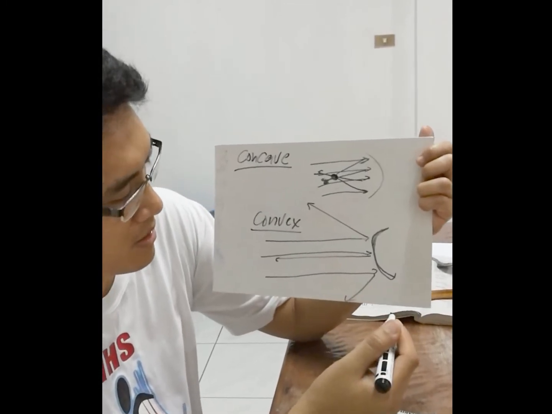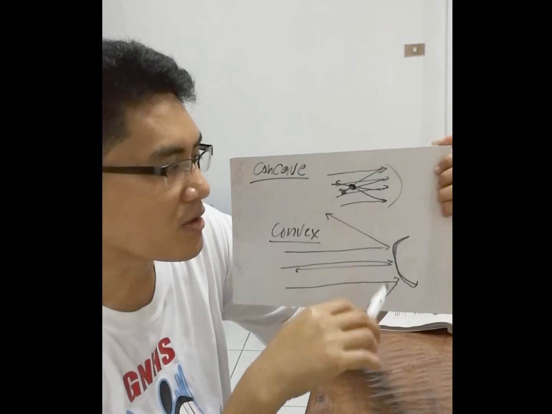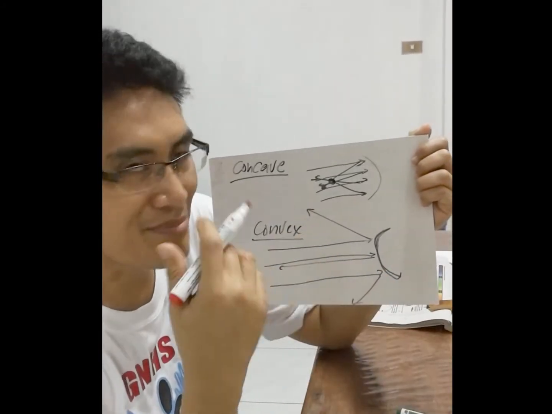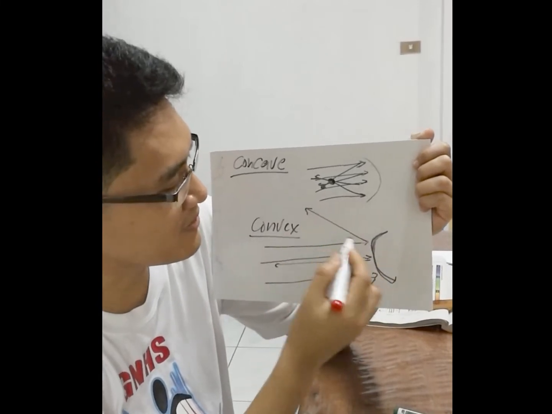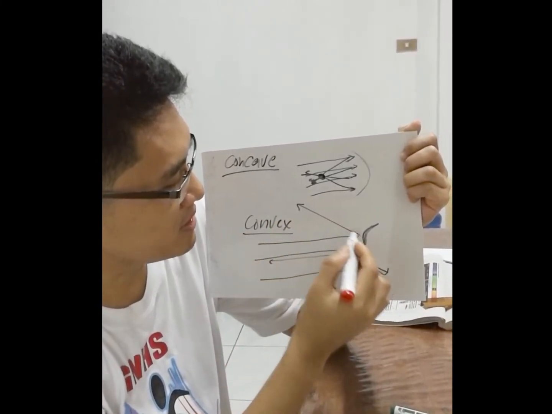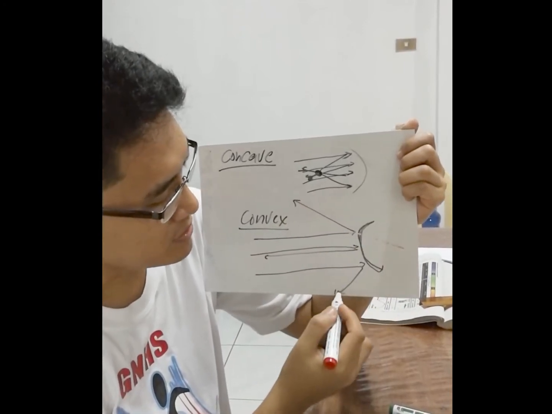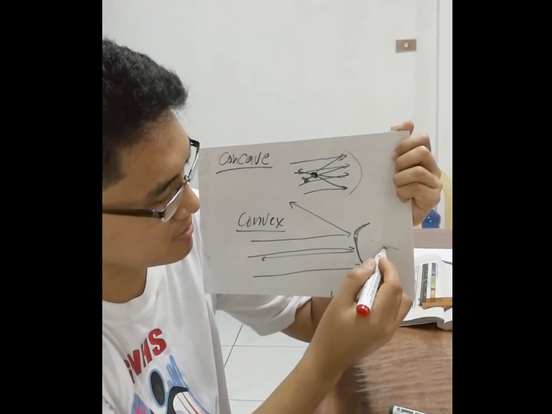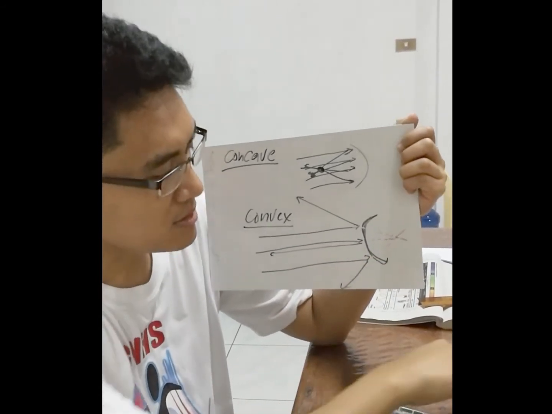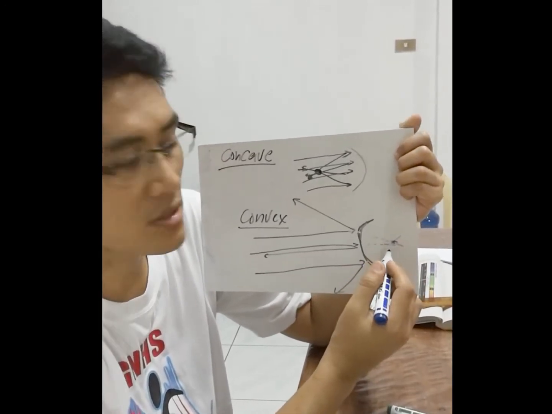Now to get a sense of how the two are connected, all you got to do is imagine you extend this reflected ray, so incident ray, reflected ray, extend that, and also this one, extend that, and then extend this, and still they meet at a certain point.